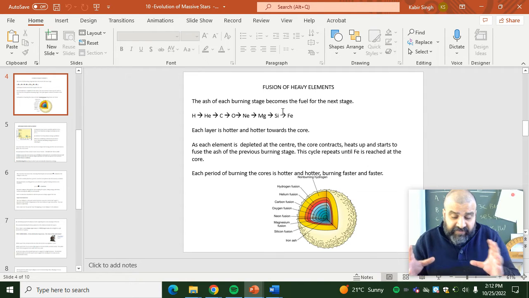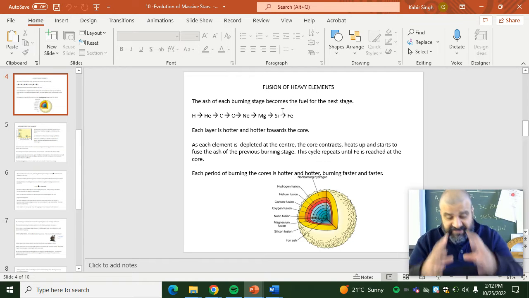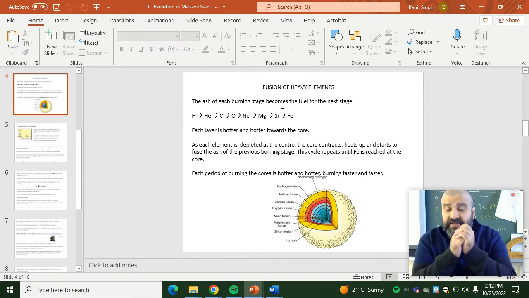Each time the core runs out of its fuel, whether it runs out of hydrogen, it collapses, heats up, and starts fusing helium. Then the helium core starts to fuse into carbon. Then we have carbon left over in the core.